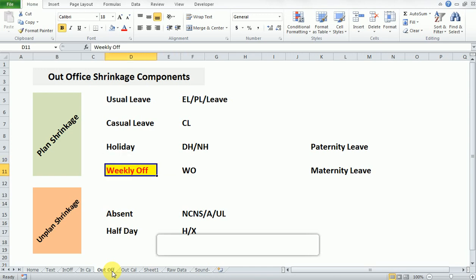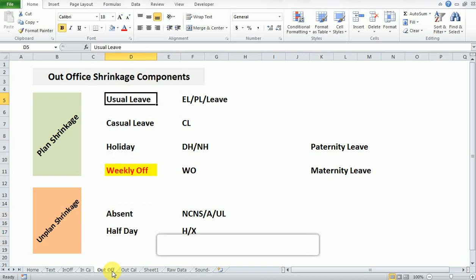So these components come under planned shrinkage. Unplanned shrinkage is when anybody is rostered and is not present, that is called absent. In some companies that is called NCNS. Also absent, unpaid leave, and unplanned half day cause unplanned shrinkage.